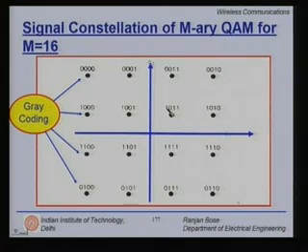For example, if I consider this one where the bits mapped are 1011, then to the right of it we have a mapping 1010. Please note that the Hamming distance, or the number of bits that are different here, is only 1 at the last place.